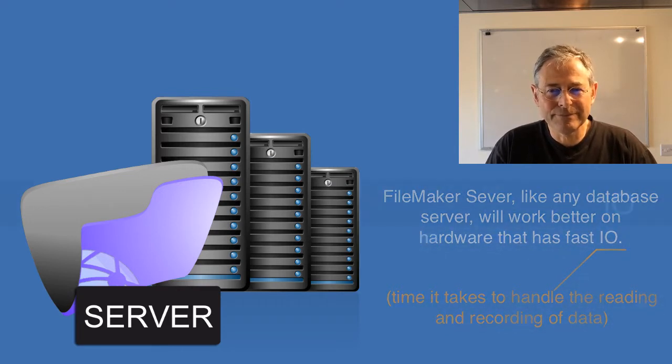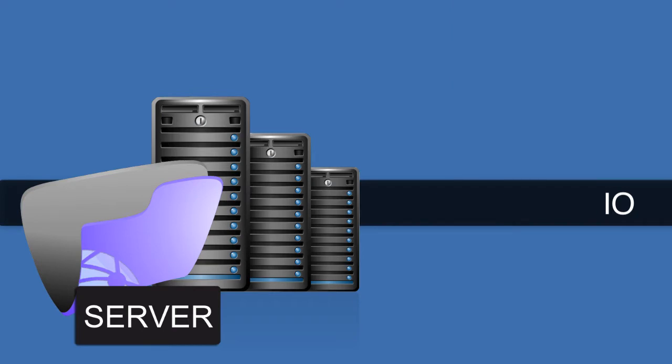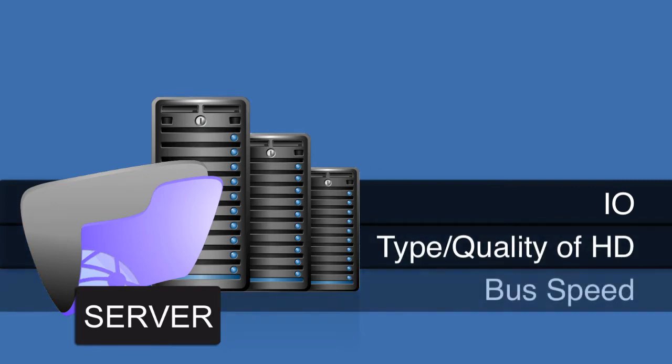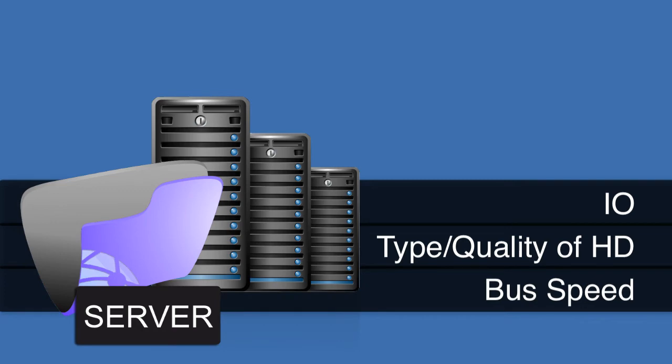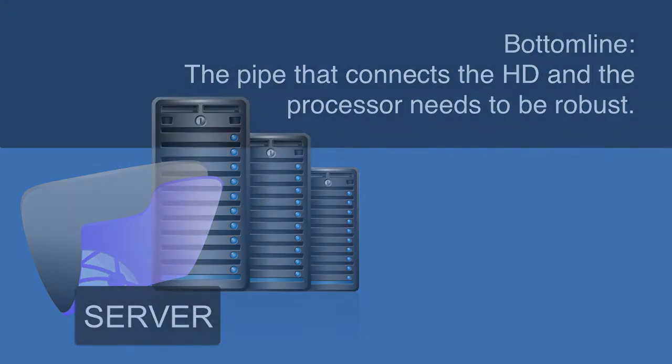Yeah, so we're talking about I/O for the most part. You're talking about 2 parts of the computer, but for the most part, it's the type of drive, or the quality of hard drive that's on there. And then also the bus speed. We're getting technical here, but just suffice to say that the pipe that connects the processor to the hard drive has to be robust. And you can get an older machine that doesn't have quite such a robust little freeway between the processor and the hard drive.